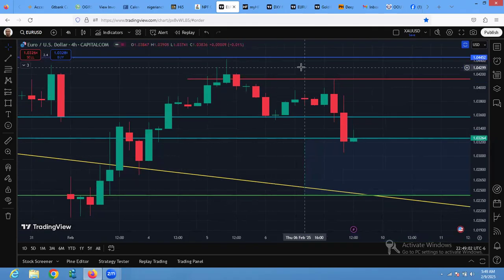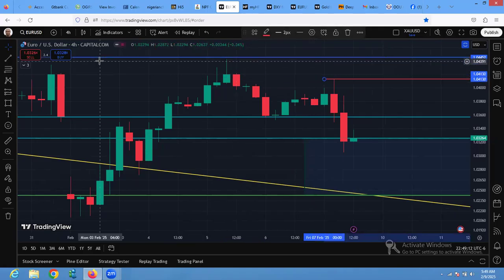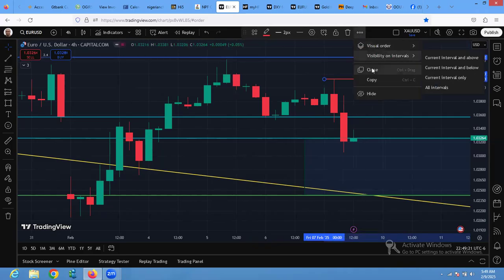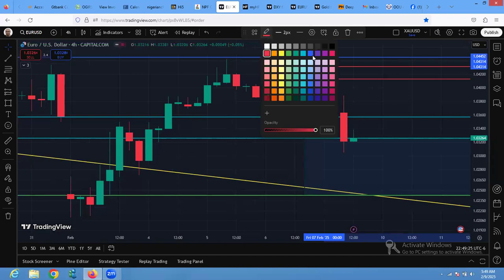So what do I mean by that? The most you can expect here now is a zigzag to the downside. That's the most you can expect, a zigzag to the downside.